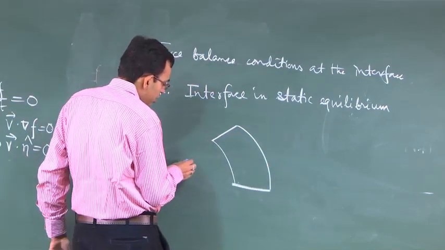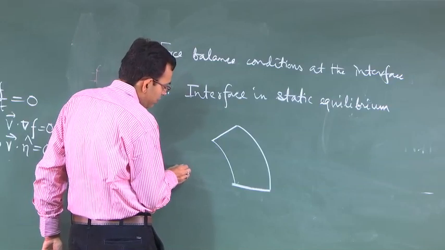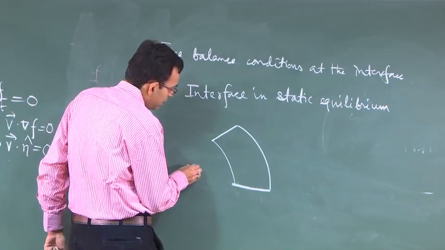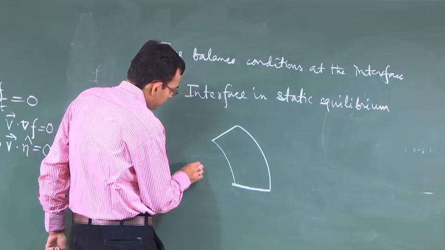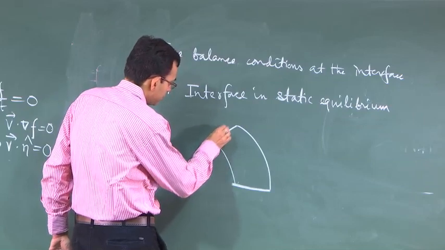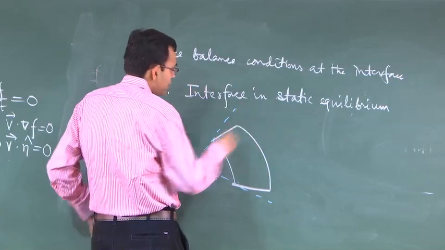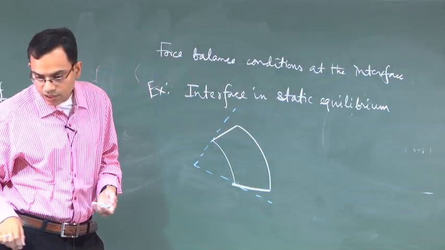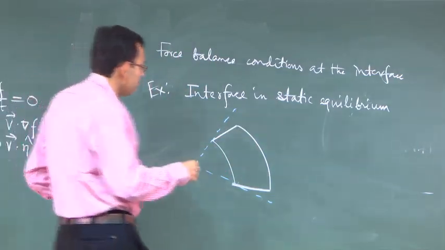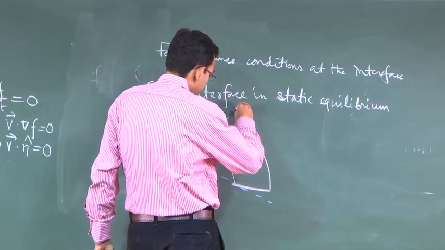So, let us concentrate on this R1 and let us say this is the center of curvature. After some time this membrane is stretched and it comes to a new configuration, which I will try to show with a different color.